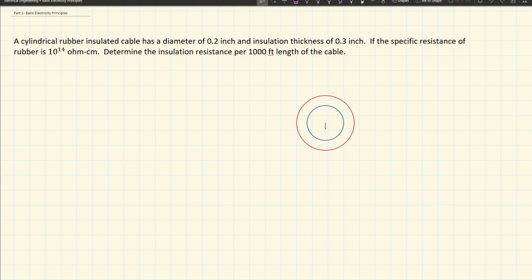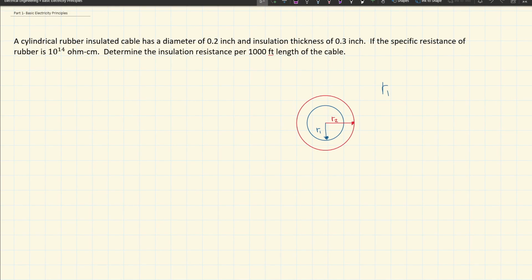This is the radius of the cable, this is our R1, and the radius of the insulation, this is our R2.